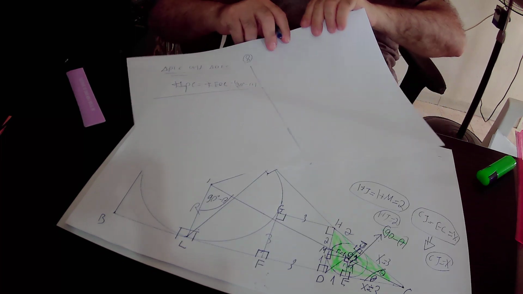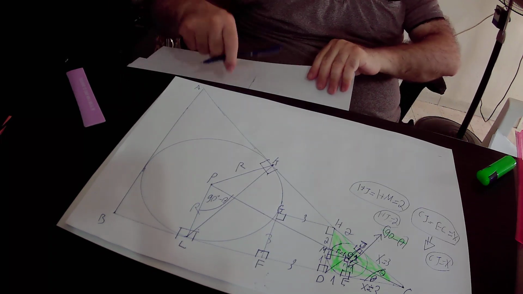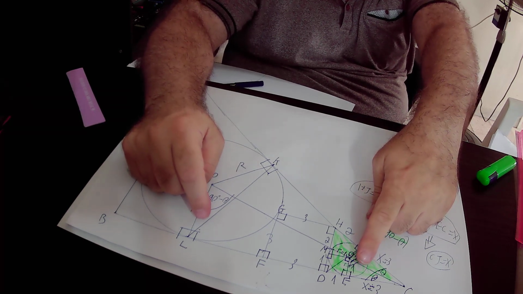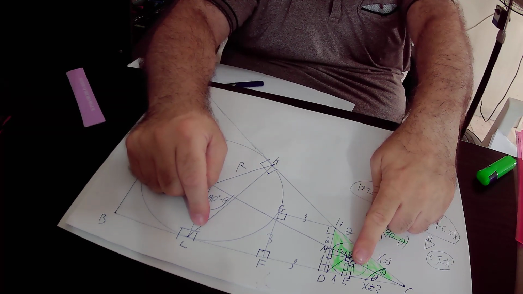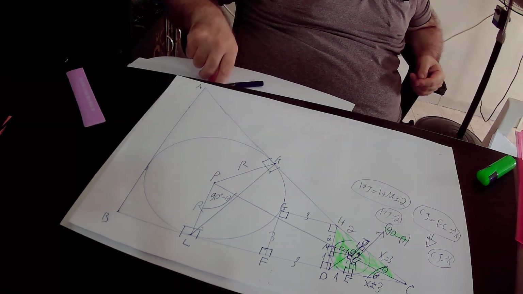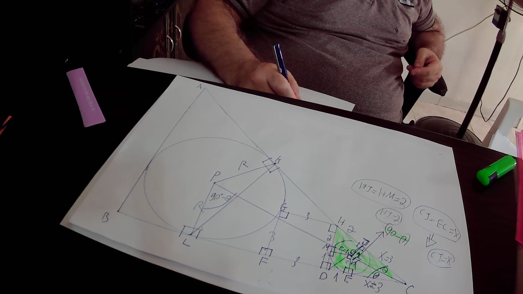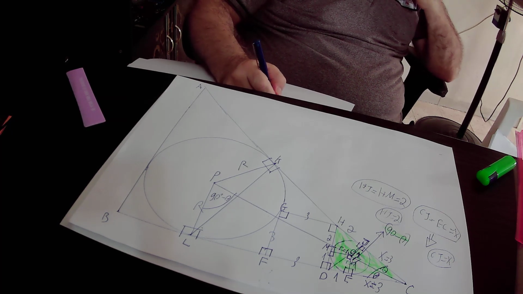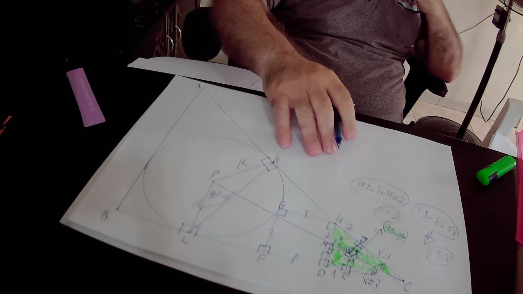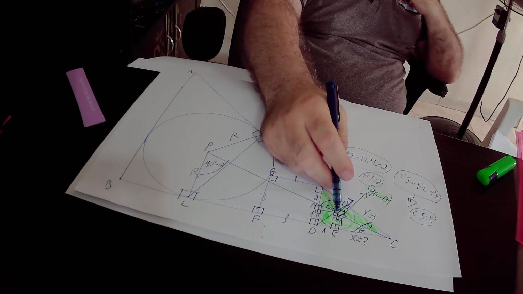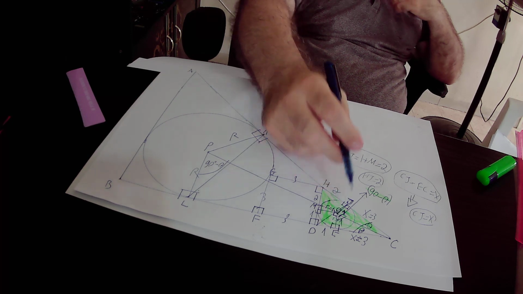Therefore they are equal to each other. In addition, those two angles, they are both equal to 90 degrees, therefore they are equal to each other. So this angle, that is actually angle PLC, is equal to this angle, that is actually angle OEC.